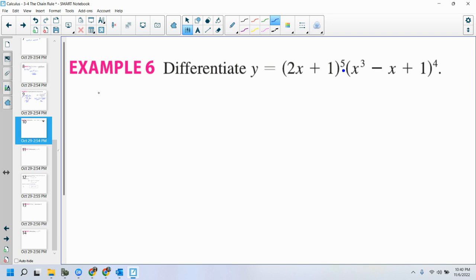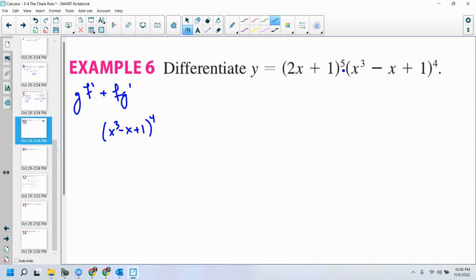So it's, what did we say? I really don't want to go up there and get that. g f prime plus f g prime. I believe that's what it was on the formula sheet. Okay, so g, which is x to the 3rd minus x plus 1 to the 4th power, times f prime.